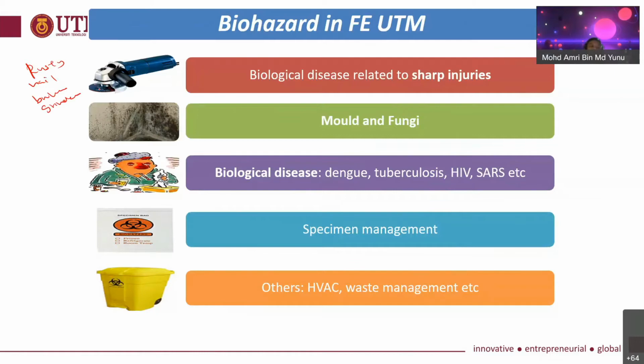Basically, the grinder has a part that is used to grind the surface. The grinder disc could break, and it could end up in, for example, your hands. It could contain disease, especially rusty nails.